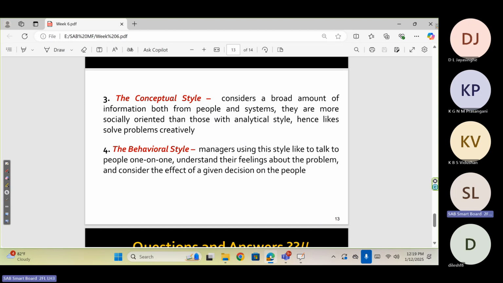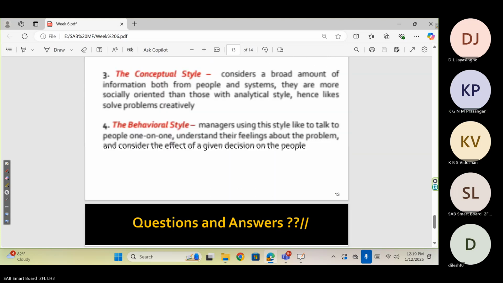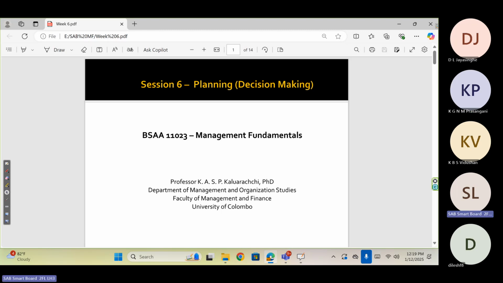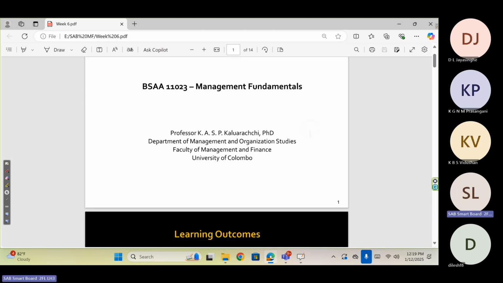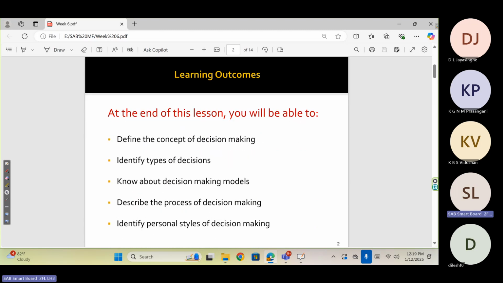Okay, decision making is the last planning lesson we had in the course outline. Last planning session, decision making. You may consider that as feedback, what I did now in the previous one, as a small refreshment.